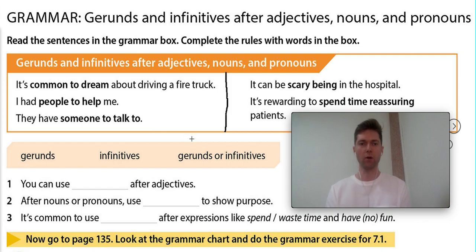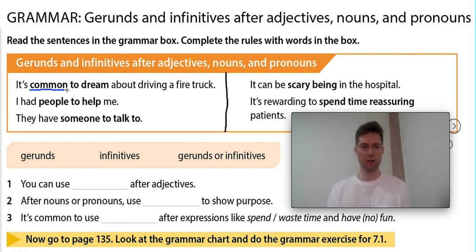Okay? So how do we know when we have to choose gerund or infinitive after adjective, noun, and pronoun? All we have to do is just remember these three simple rules. But first, we have to complete them. Rule number one, you can use blank after adjectives. So let's find adjective.